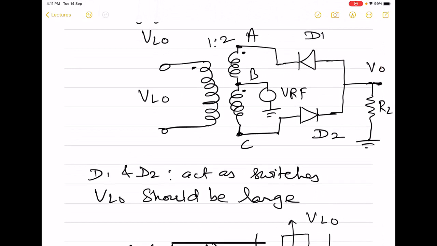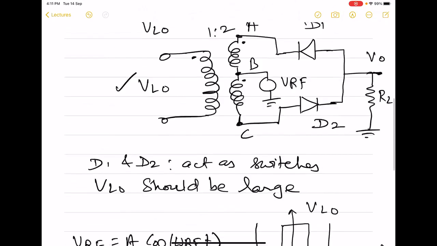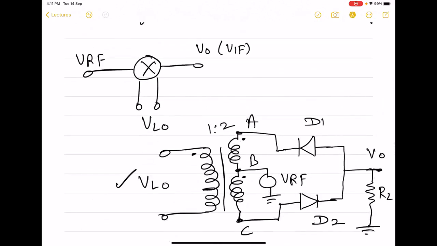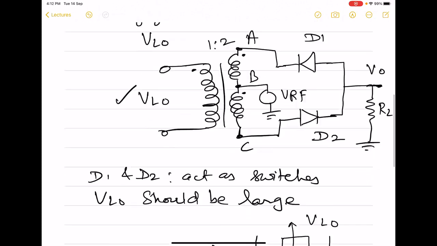So here I would like to point out the relation between the LO input signal and the voltage between node AB and node BC. Since the transformer is 1:2 winding, the voltage between A and B is going to be the same as that of the input LO.